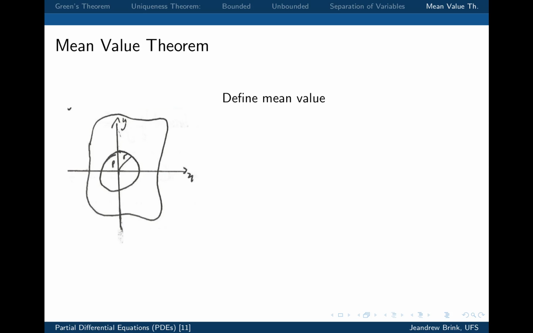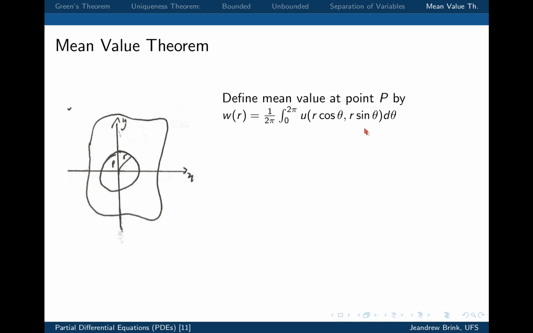Okay, so the mean value theorem is something like this. Let's define what a mean value is before we make a theorem about it. So I'm going to define the mean value at any point P on the solution as follows. In some sense, I'm going to take the solution at point P. I'm going to draw a circle around it with radius r, and I'm going to say the mean value at that radius is simply the integral around the circle of all the values of u.